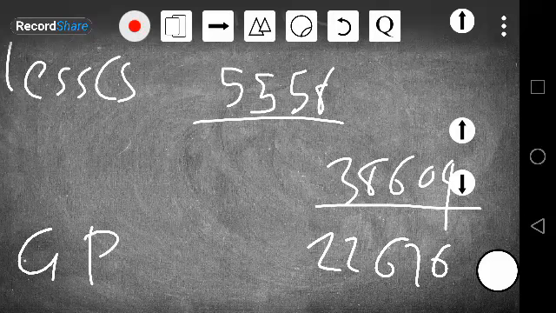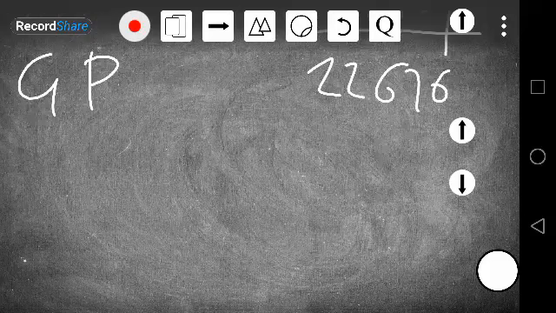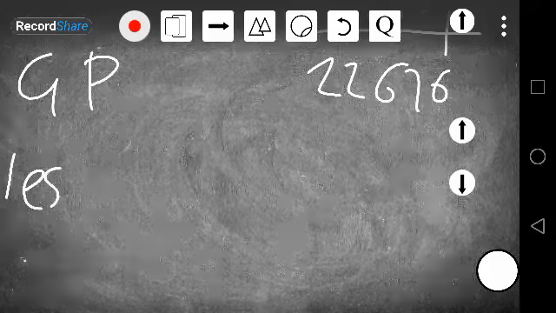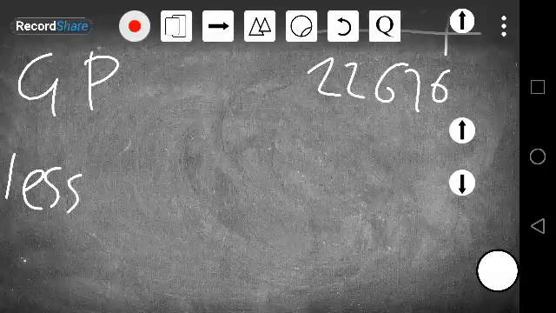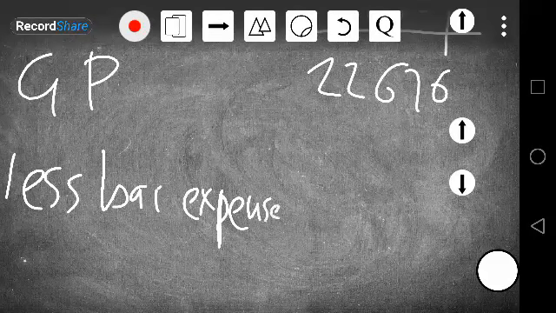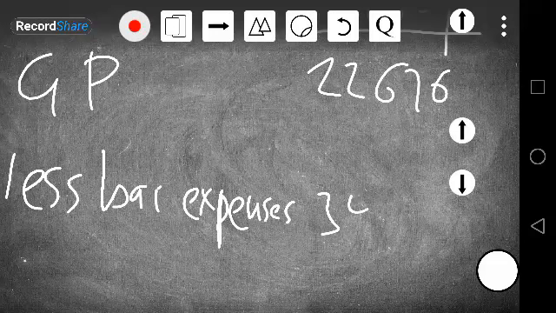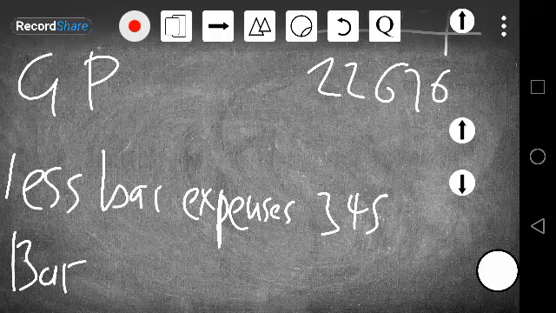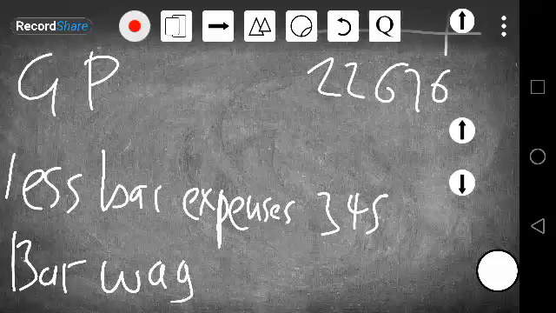Okay. Then we list expenses. So we list bar expenses. We get 345. Then bar wages, 8,624.